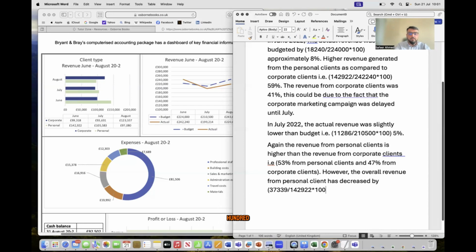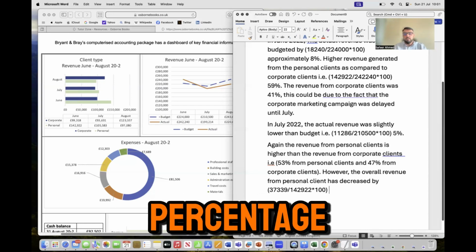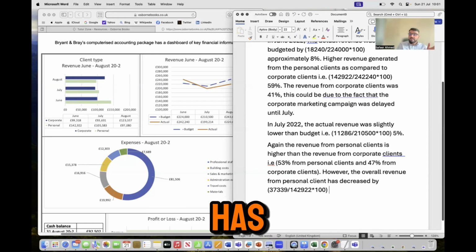If you multiply it by 100, that gives you the percentage by which it has decreased. So 37,339 divided by 142,922 times 100 is 26%, which is massive.